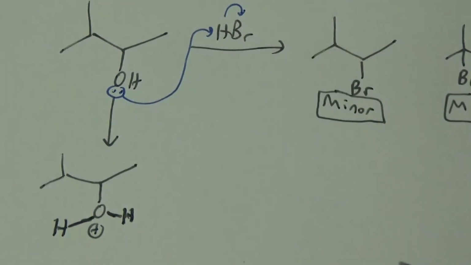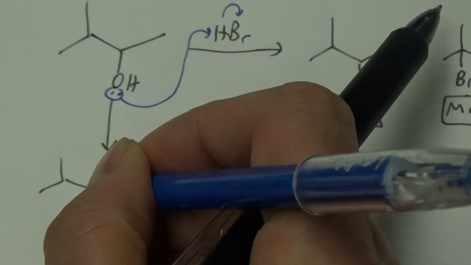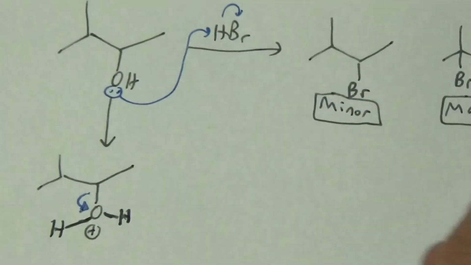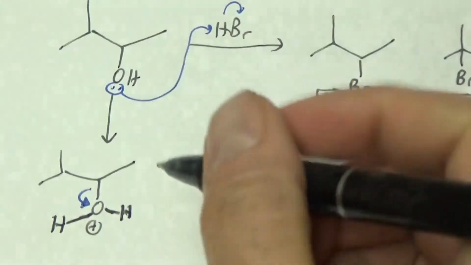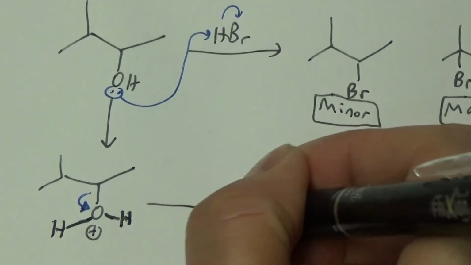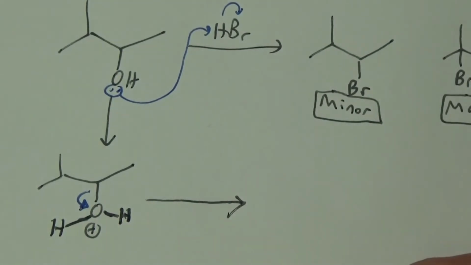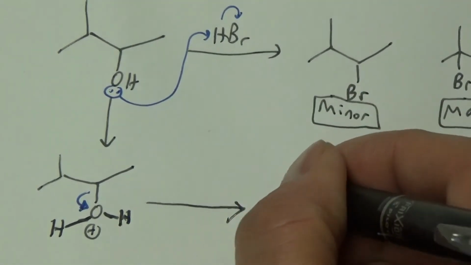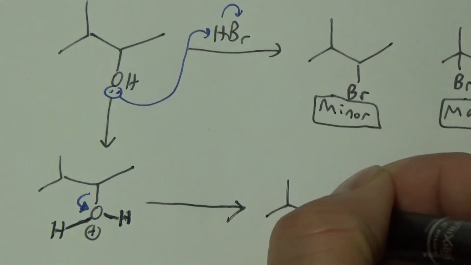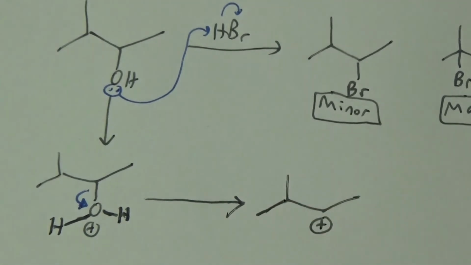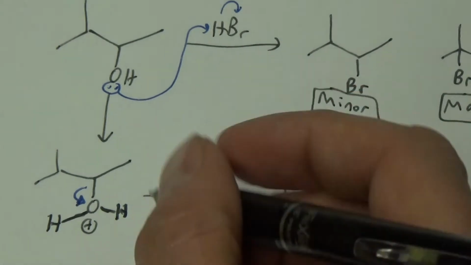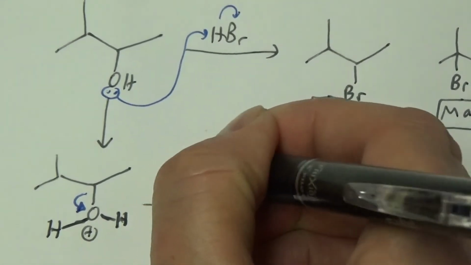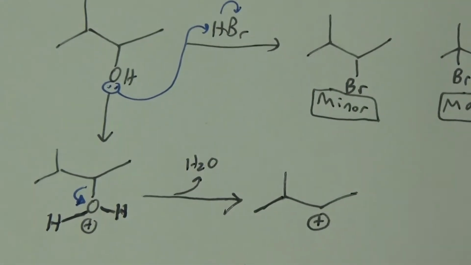So now the leaving group falls off. Water falls off, H2O goes away, and we get a secondary carbocation.